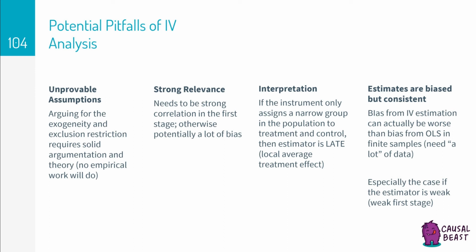The exogeneity assumption states that the instrument and confounding factors are not correlated. This one is impossible to test since confounding factors are never observable. This is why researchers will have to rely on good theories and argumentation to say that the exogeneity assumption holds. Then there is the exclusion-restriction assumption, which states that there is no direct causal pathway from the instrument to the outcome variable.